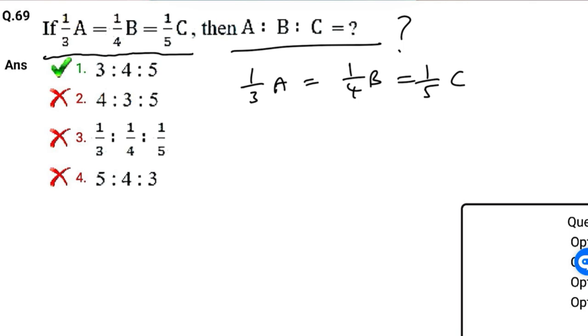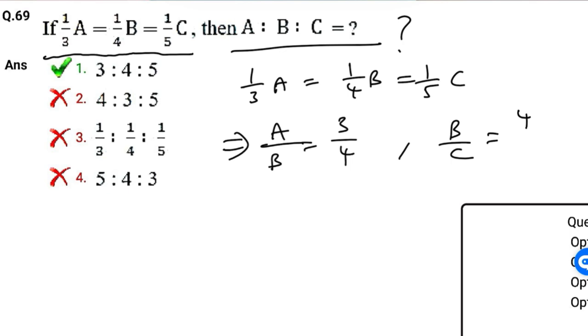It becomes a by b is equal to 3 by 4 and b by c is equal to 4 by 5, which implies a is to b is to c is equal to 3 is to 4 is to 5. Option 1.